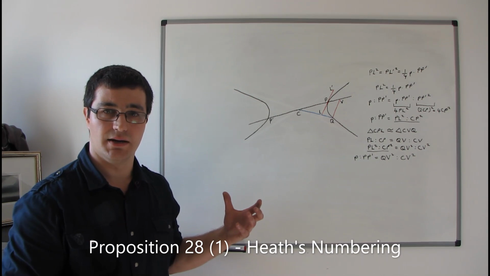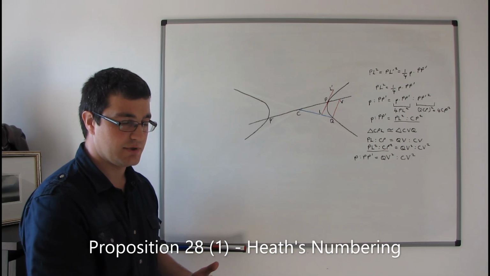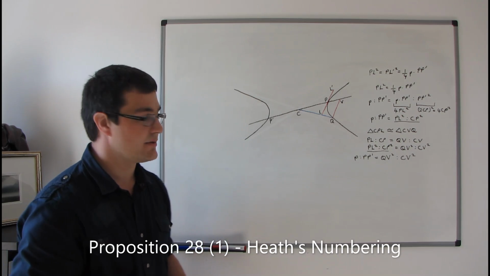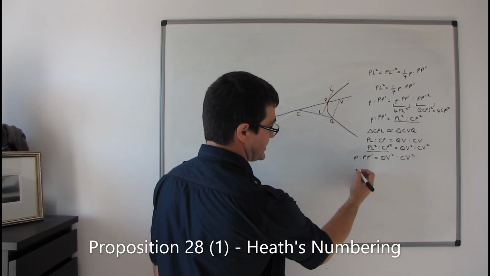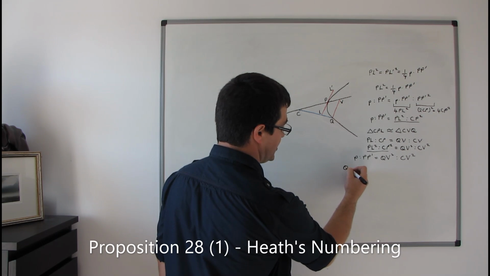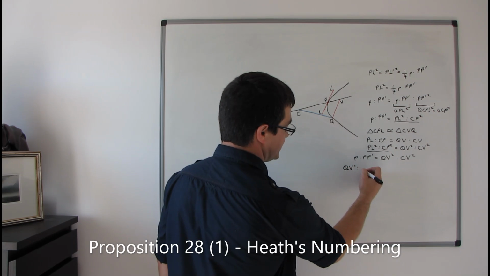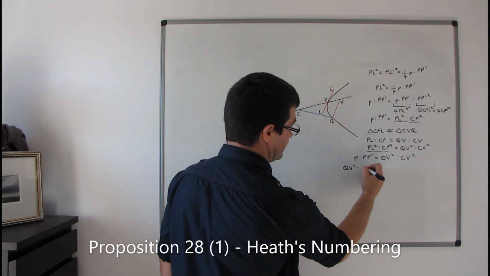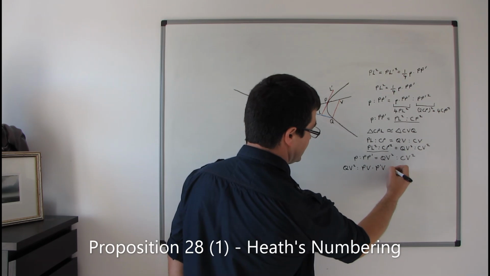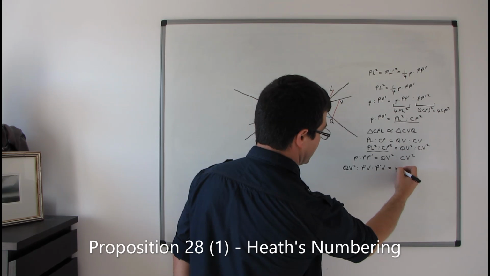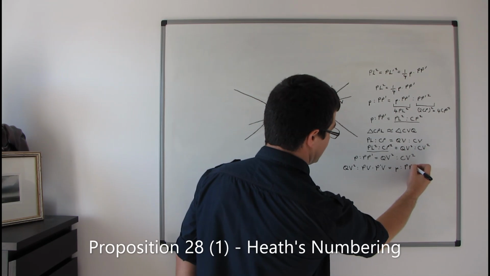Okay, but right, probably in the second video that I made, we showed that the ratio of QV squared to PV times P primed V is equal to the ratio of P to P primed.